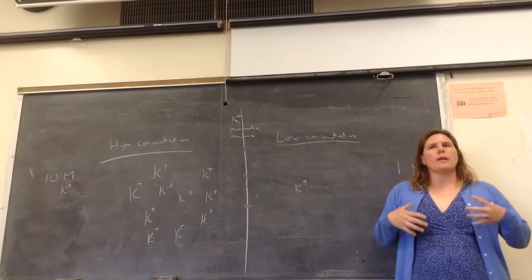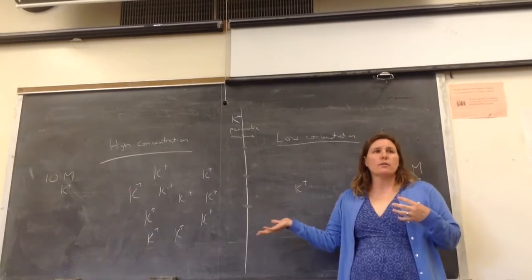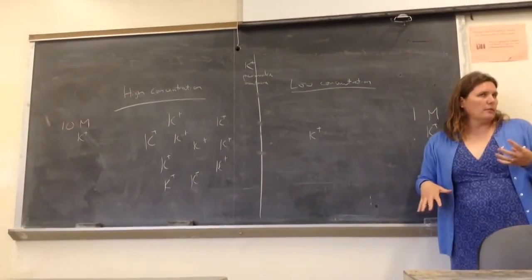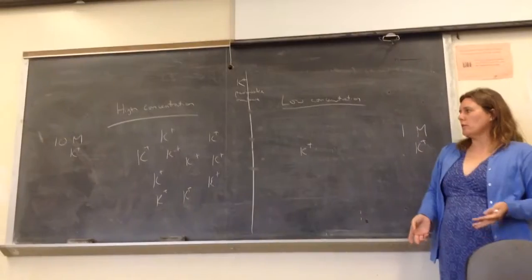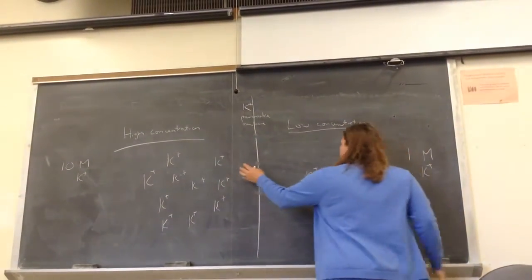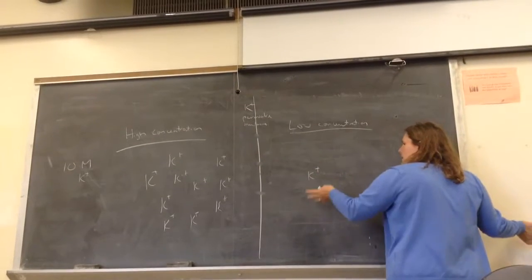Solutes move from an area of high concentration to an area of low concentration. They naturally do that. It's just the way that it works. So if this membrane moves potassium, it allows it to just freely flow from one to the other.